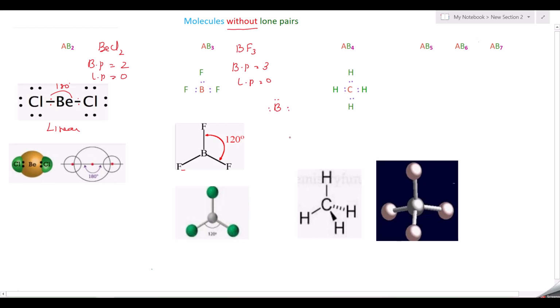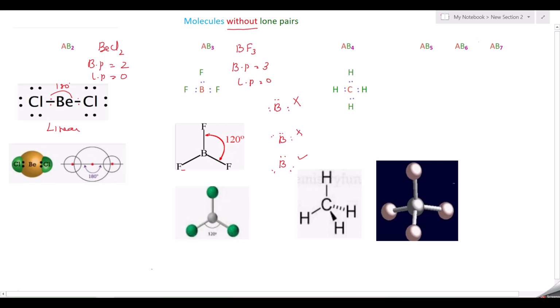One way is like this, the other way like this, the other way like this. In which position will they have minimum repulsion? Only in this case. Here there is no minimum repulsion, here also there is no minimum repulsion. So these three bond pairs will occupy the position with minimum repulsion, maximum distance apart.